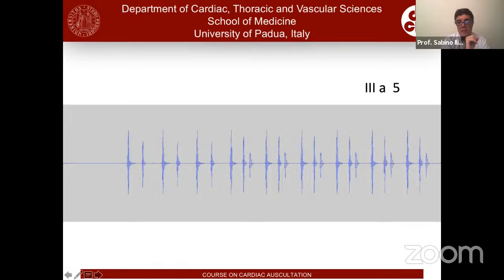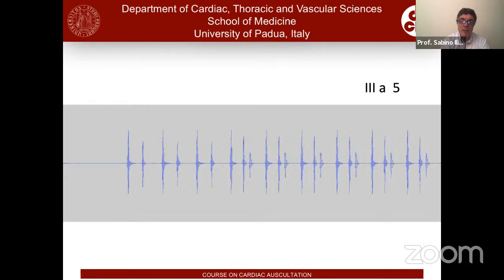Because the third sound, as I told you in the previous lesson last week, is physiological in kids, but is a sign of a pathological finding involving the left ventricle in adults. The possibilities are mainly two: either there is a dysfunctional left ventricle, as for example in myocardial infarction, and this is a very bad sign, or the impact of blood on the left ventricle in early diastole is extremely important because of the overload, as happens in mitral regurgitation.